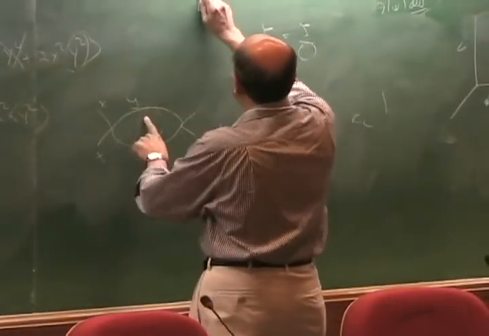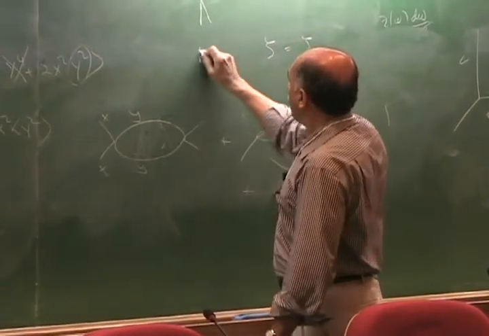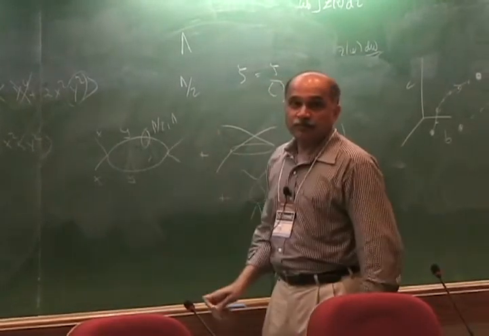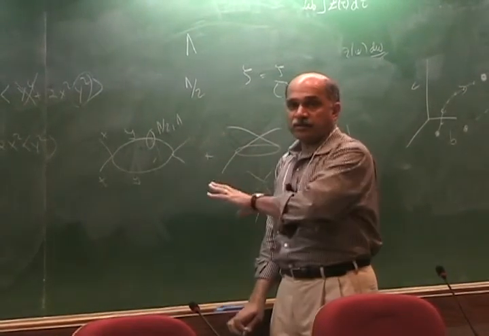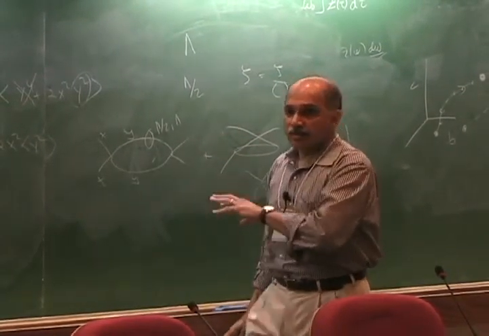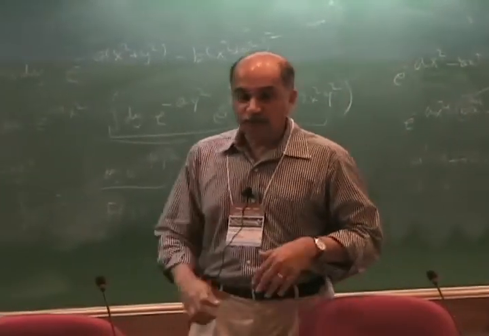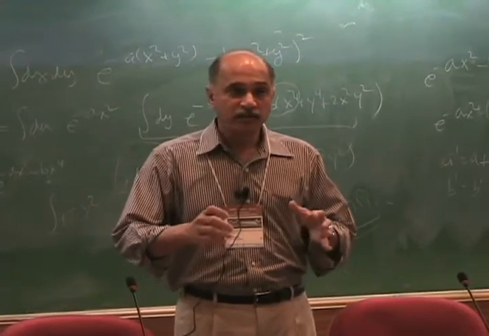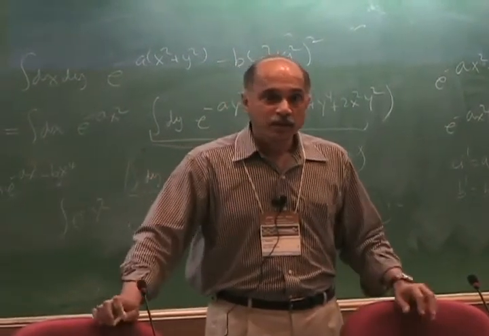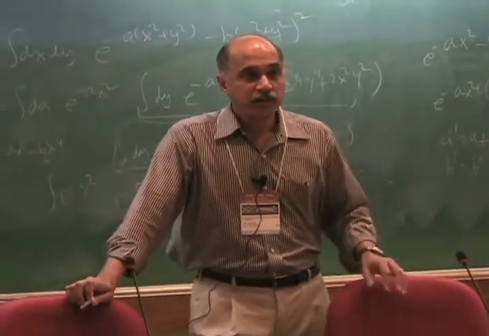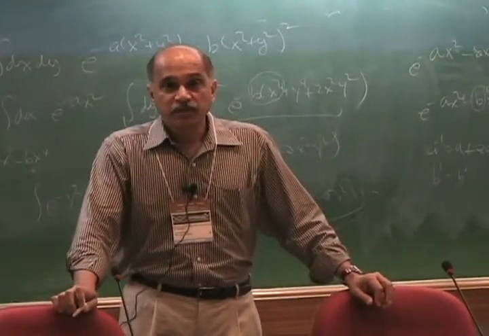Because if your old cutoff in momentum was lambda, and you went to lambda over 2, these guys lie between lambda over 2 and lambda. So there is no infrared divergence, there is no ultraviolet divergence. Every diagram is finite. So the change of the coupling constant is guaranteed to be finite term by term. But there is no guarantee that a series of infinite terms which is individually finite adds up to a convergent series.